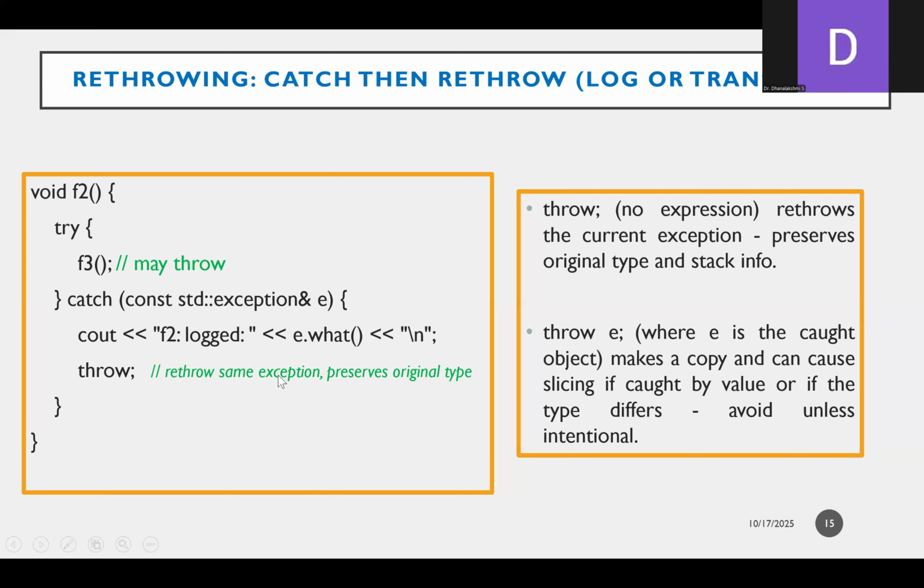It sends the same exception object up to the next higher level, that is the caller of F2, for example F1 or the main function. There is no slicing or loss of exception type here, and the original stack trace is preserved. If the main has a catch, it can then catch the same exception again and handle it finally.